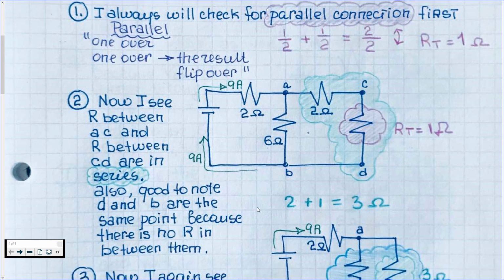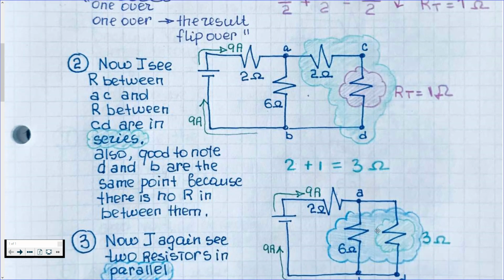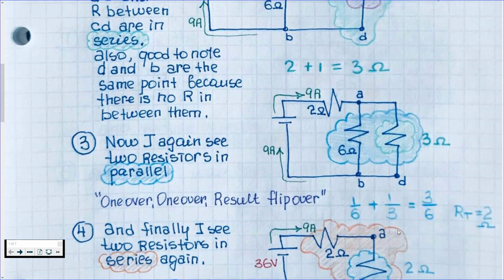For a series connection I just add them together. Then 2 plus 1 is equal to 3 ohm. So instead of this whole cloud of green color, I'm going to replace it with one resistor of 3 ohm. I'm going to throw these two resistors away and place one resistor of 3 ohm. And my circuit looks a little bit easier now.